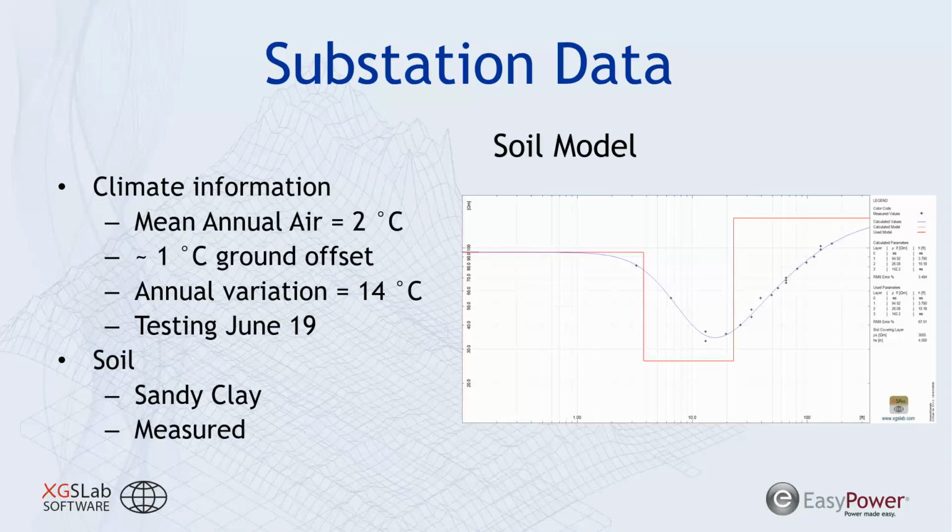A 1 degree offset for the ground temperature represents the solar energy that is imparted onto the Earth simply by it sitting there stationary, as opposed to the air temperature. And then we have the annual variation of 14 degrees Celsius. We'll say that our testing was performed in the summer, June 19th, and the soil is characterized as a sandy clay.